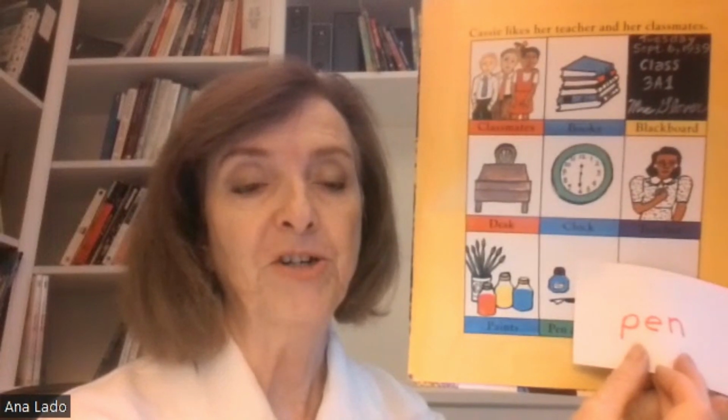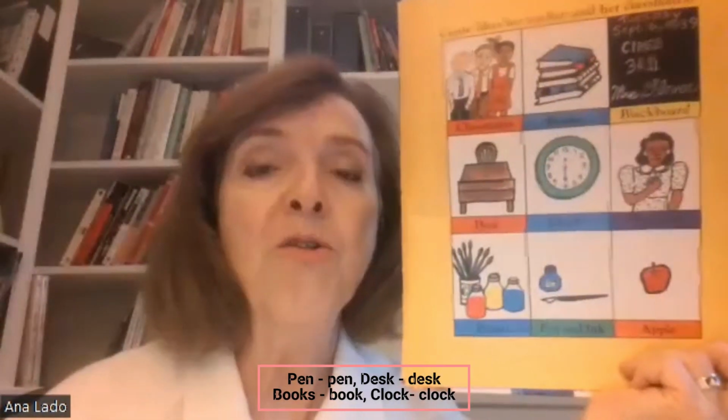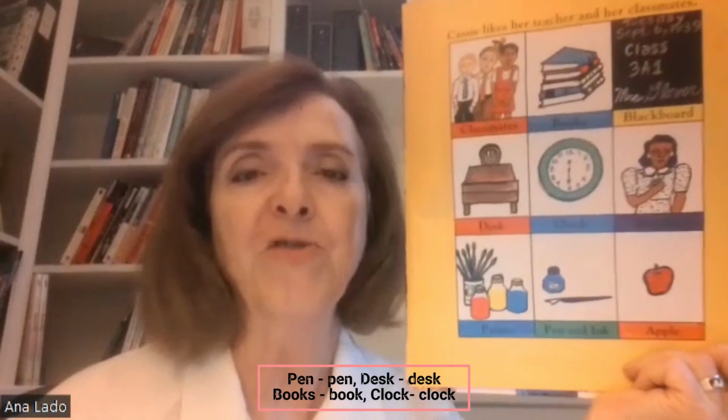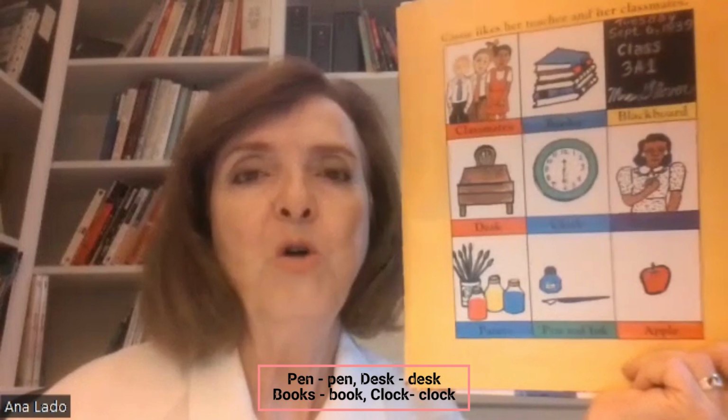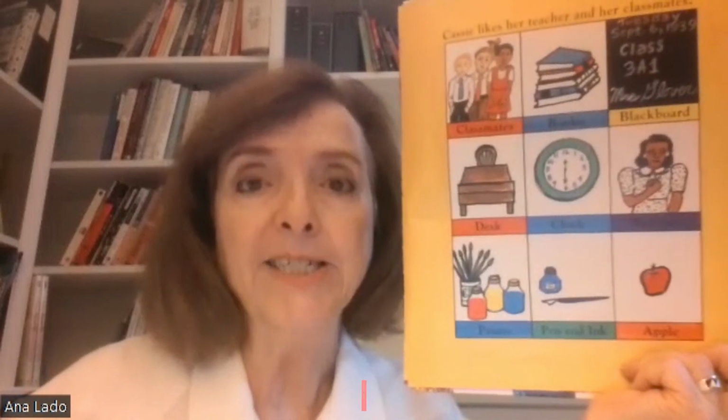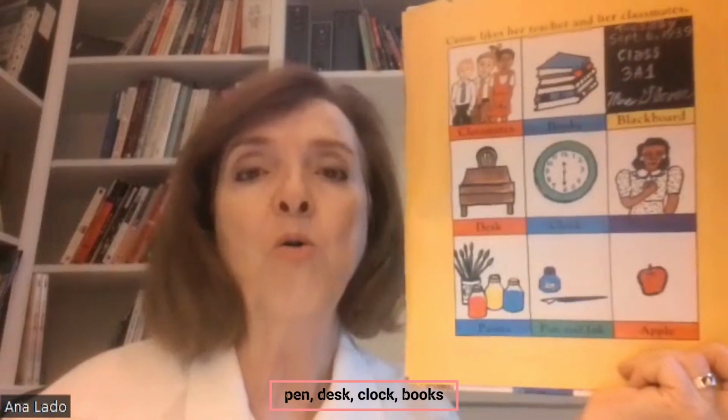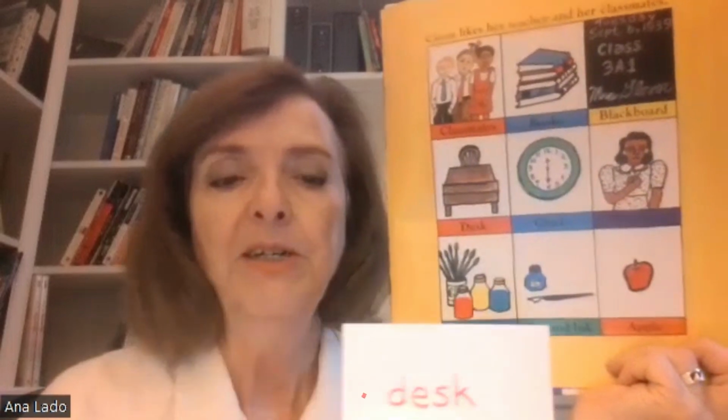for that picture. And yes, I know, in this book, all the words are capitalized at the beginning, but I'm going to ignore that with beginners because the words are different enough that that's not going to confuse them. You don't confuse the word pen with desk, looking at the whole word. Desk.